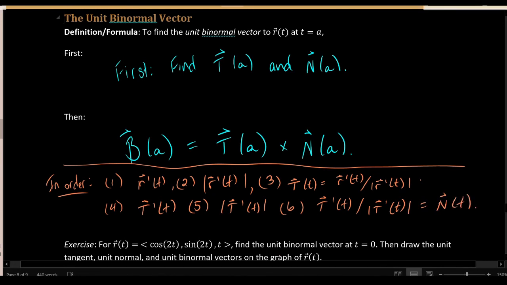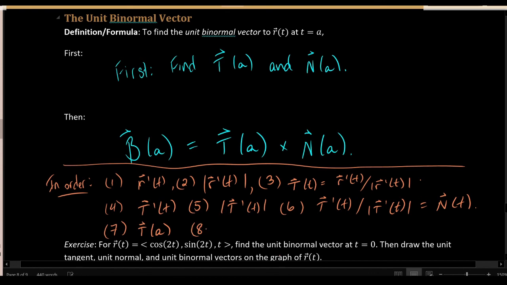At this point, finally, all the derivatives have been calculated, which means you are now free to replace that variable t with the value of t that you have been given for your problem. So in step number 7, that's right, we're up to 7 already, you can go ahead and calculate T, the unit tangent vector, at the given t value.